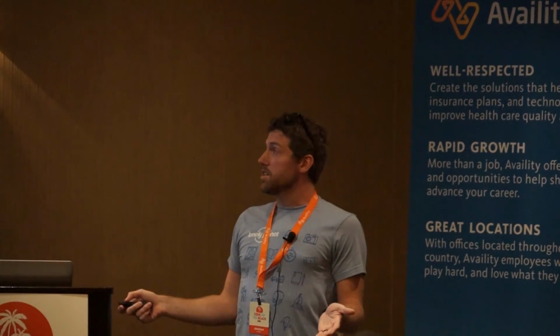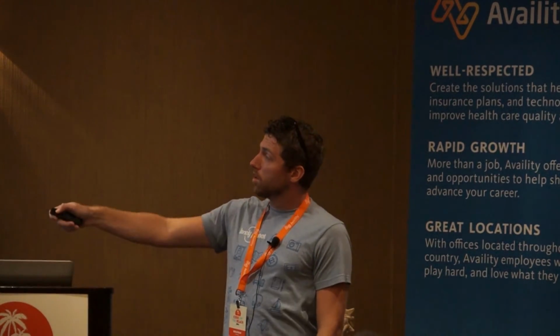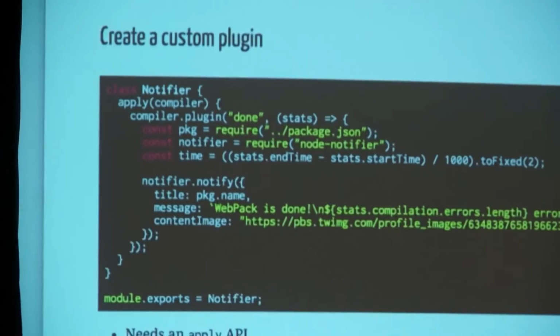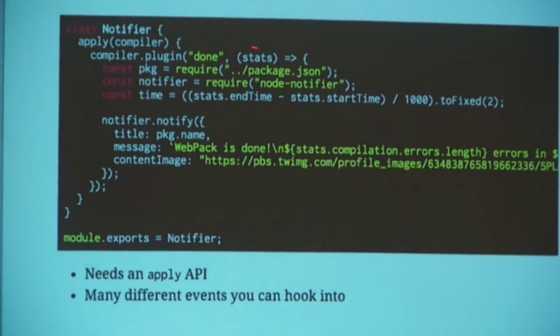It's really, really easy to write a Webpack plugin. All I ended up doing was creating a class called Notifier. Basically, you have to have an apply method on your class, or you could just have a function that has a key of apply in it. What you get back as a callback is the actual Webpack compiler instance, and then you can listen for certain types of events.